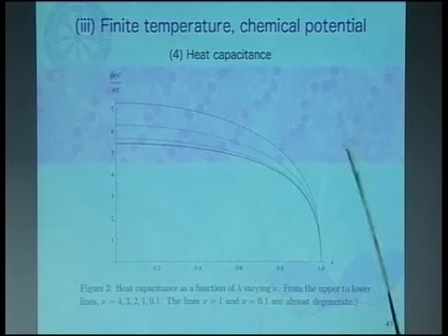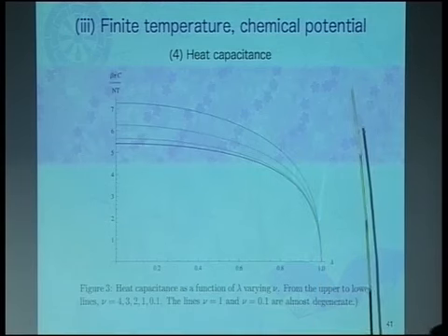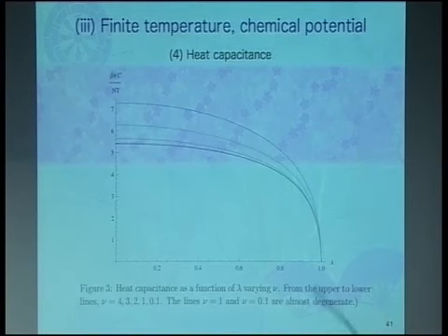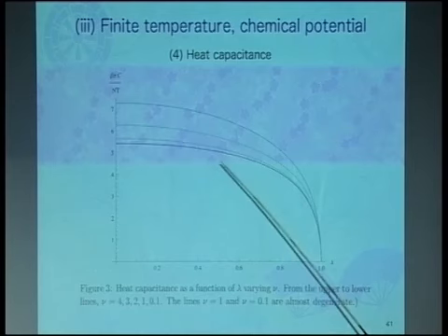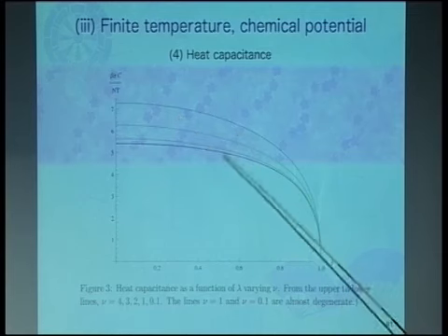We can also compute the heat capacity to study the effective degrees of freedom of this system. The heat capacity looks like this, and you can easily see that this function is decreasing with respect to lambda.